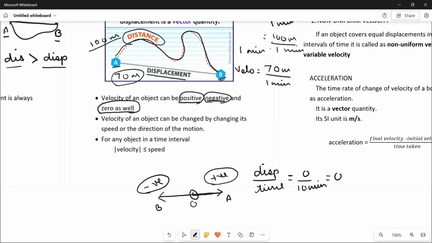Okay, so moving on to the next point: the velocity of an object can be changed by changing its speed or the direction of the motion. So see, if we are traveling in a straight line and we change our speed, whenever the speed is changing, our velocity will also change.